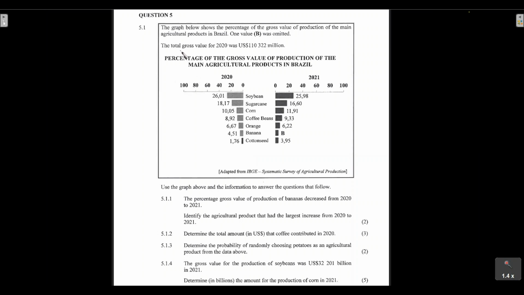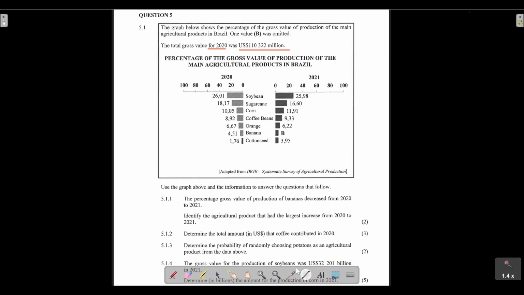We are told that the total gross value for 2020 was 322 million US dollars. We're going to highlight that because this information is going to be very, very important in analyzing our questions.